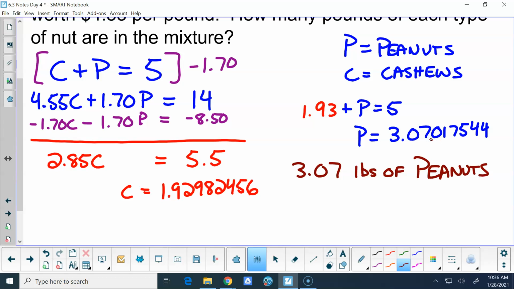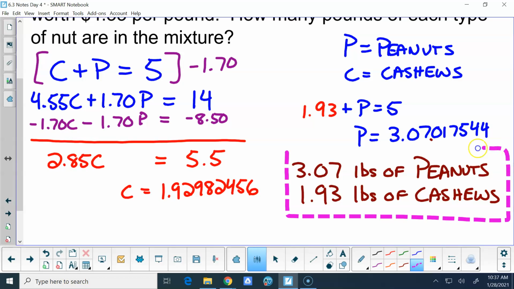And I would say we went to 2 there, 1.93 pounds of cashew. Okay? Life is not all unicorns and rainbows. Sometimes we get ugly looking answers, and they are what the answer is. Okay? Good?